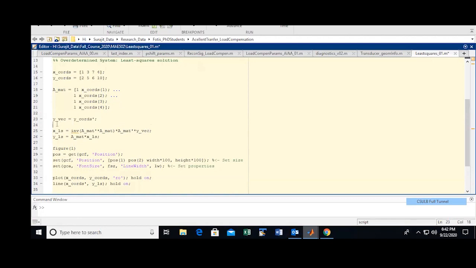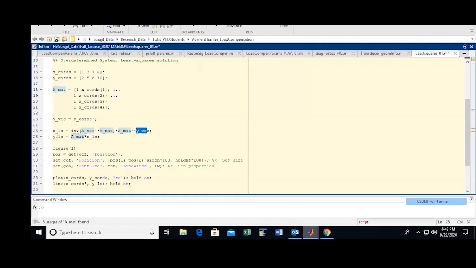So the y vector is your b vector, and the least square solution is A transpose, which in MATLAB you write as A dash, times A, and you take the inverse of that. So (A transpose A) inverse times A transpose times your b vector, which I'm calling the y vector at this point.